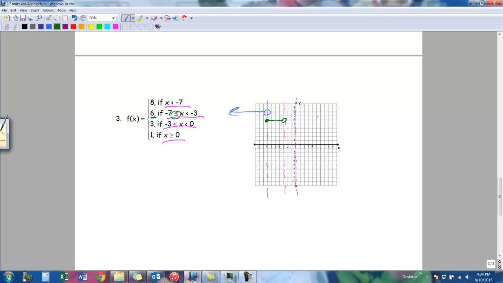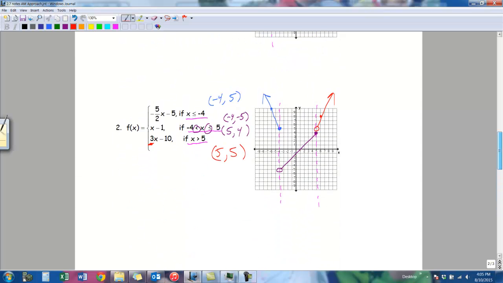But between -7 and -3, that's the only piece that we need. Then you've got this guy. And then finally you've got this guy. Looking like that. This is called a step function, a series of horizontal lines that look like steps.